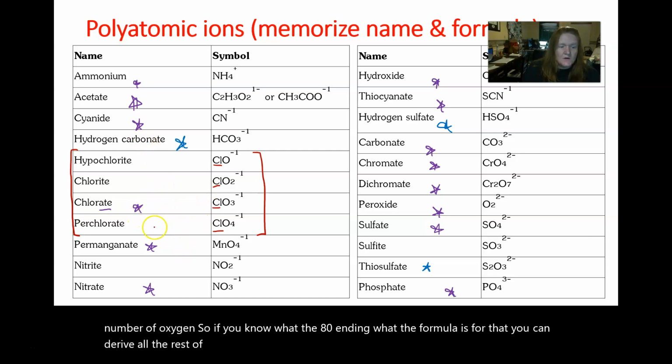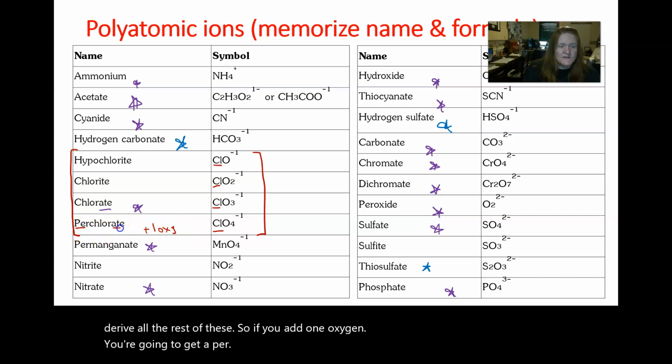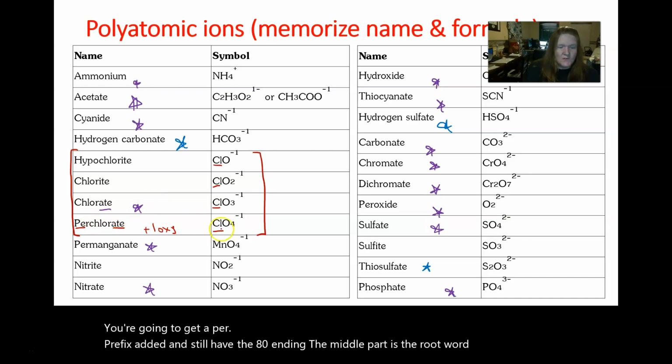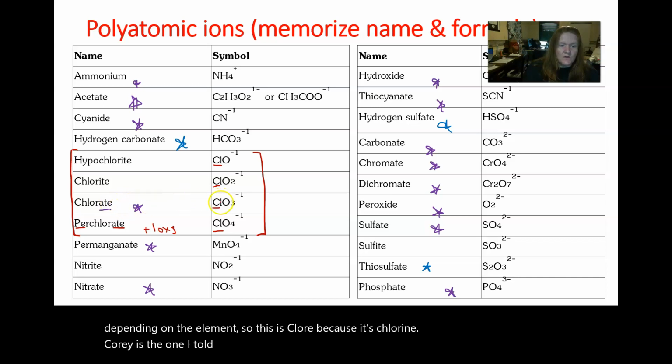So if you add one oxygen, you're going to get a per prefix added and still have the ATE ending. The middle part is the root word. That changes depending on the element. So this is chlor because it's chlorine. Chlorate is the one I told you just got to know it. So you have to know that chlorate is ClO3 minus 1.